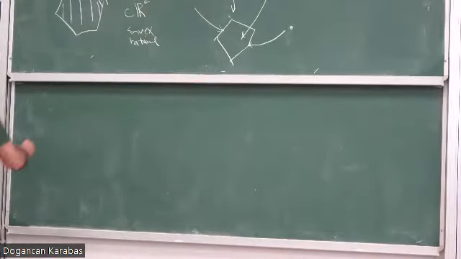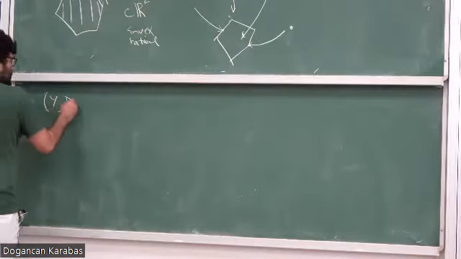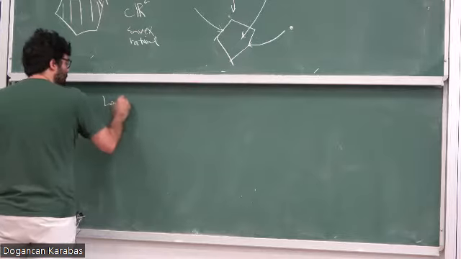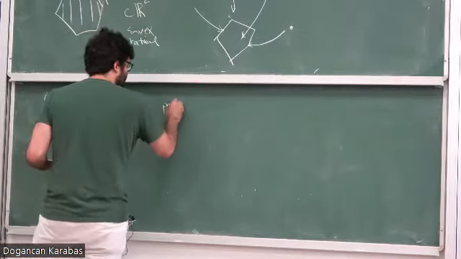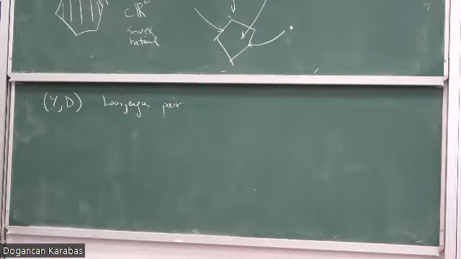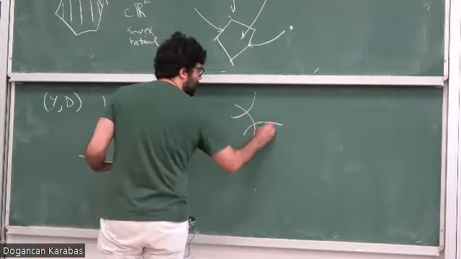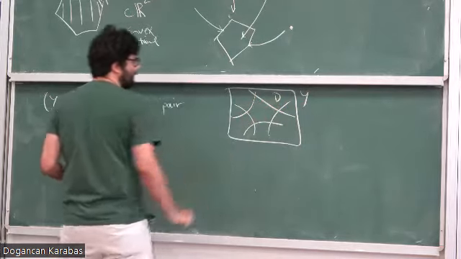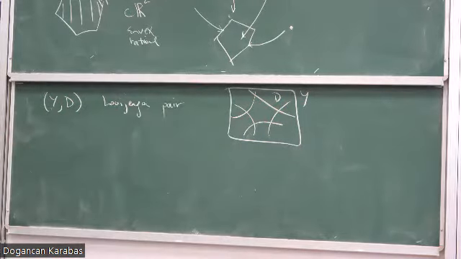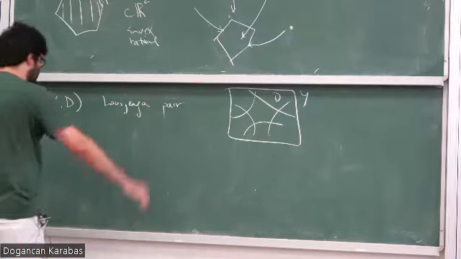Okay, so now let's start talking about Looijenga pairs. We have this picture. This is Y, this is D. It's a cycle of rational curves. They have their self-intersections.